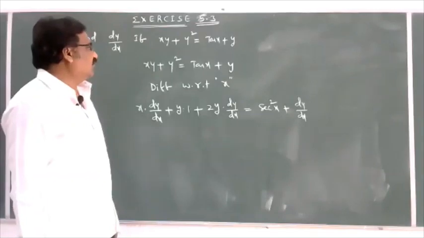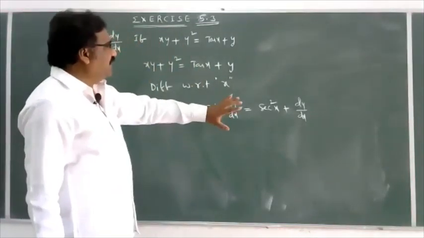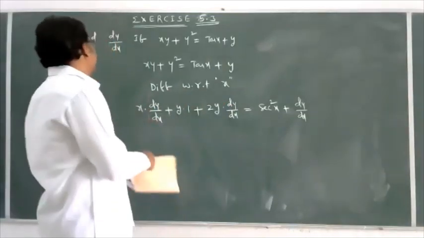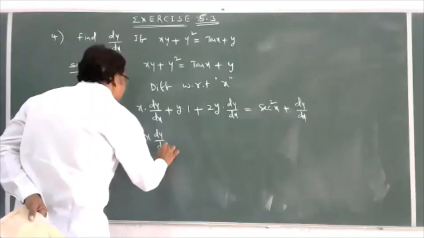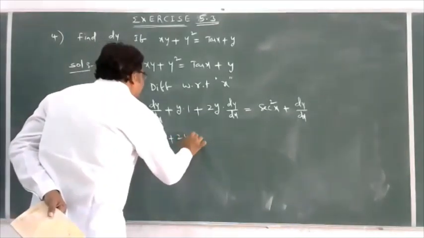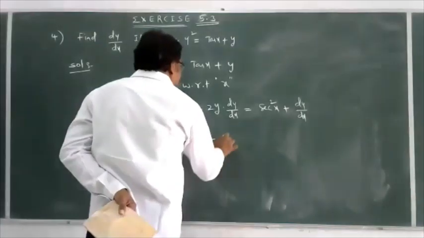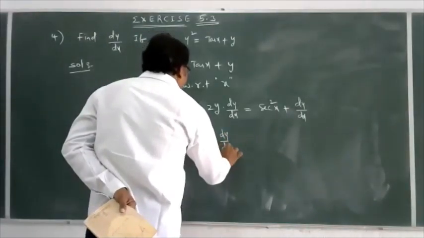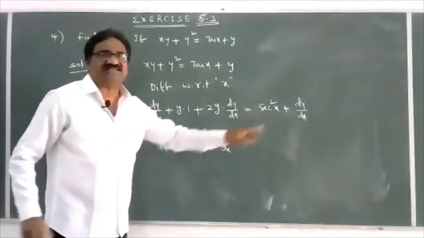Here we want to find out dy by dx. You bring all dy by dx terms into the LH side. That is here x into dy by dx plus 2y into dy by dx minus dy by dx is equal to, the remaining terms are all taken into the RH side.